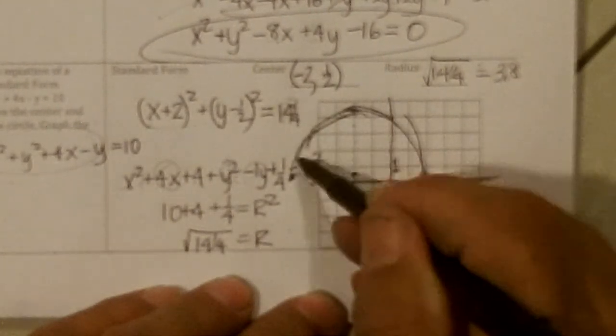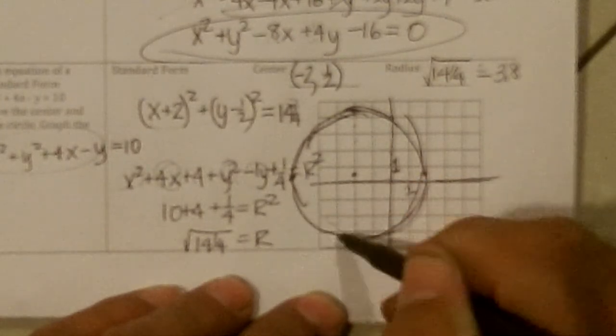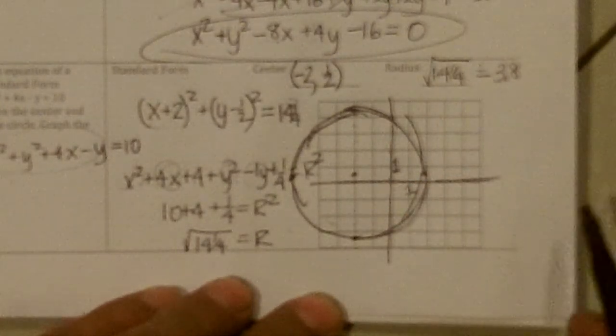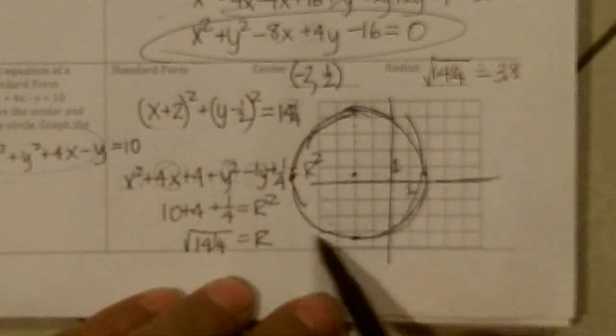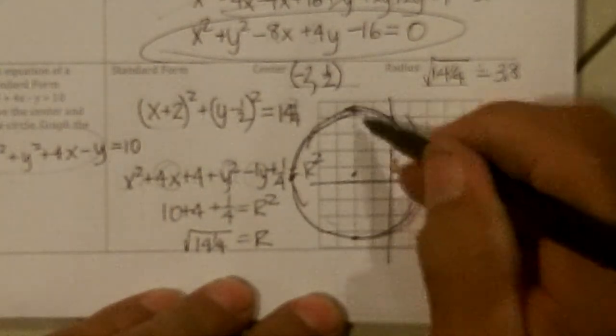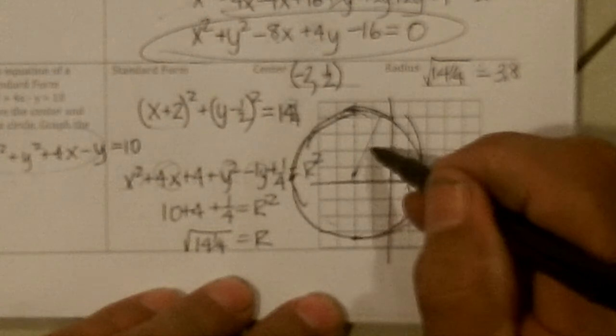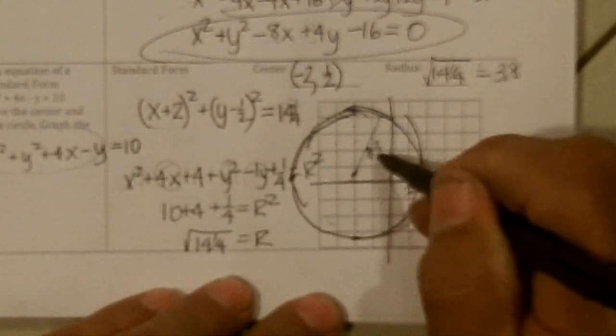Should have used a pencil so I can fix it, but that's the circle. I've given my units, and I've got the graph, and I've got the right radius. Radius is approximately 3.8.